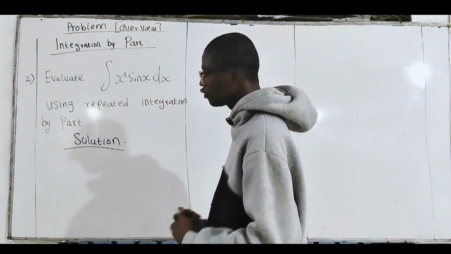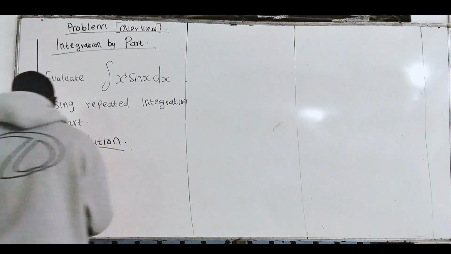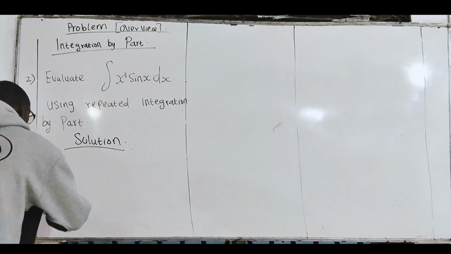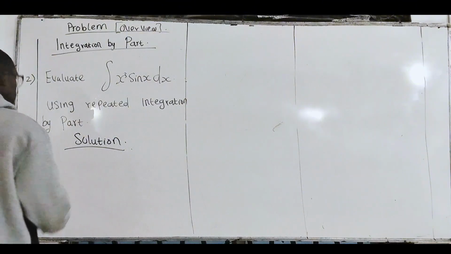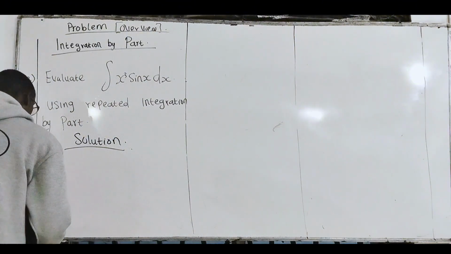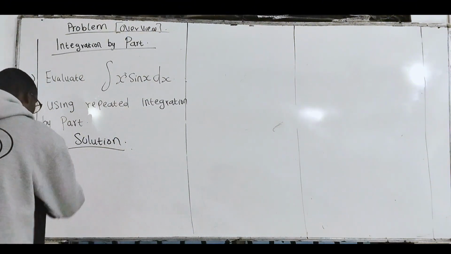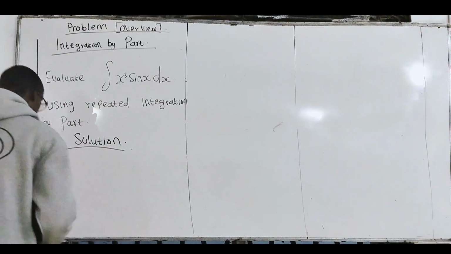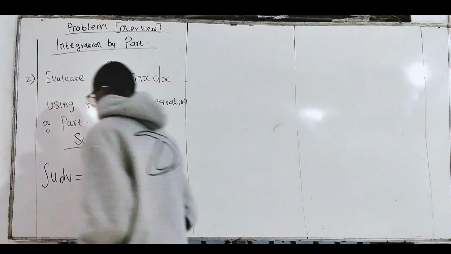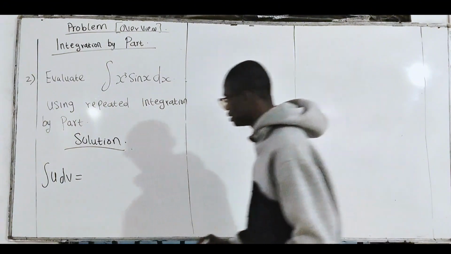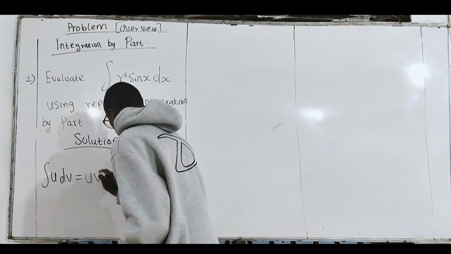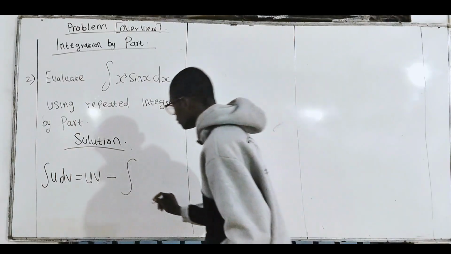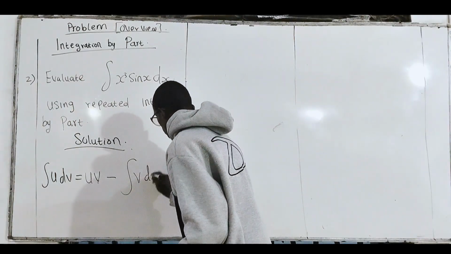We have this. For you to integrate this, we need the formula. What does the formula say? It says that when we have to integrate two functions, let's say u against dv, the integral of u dv is equal to uv minus the integral of v du.